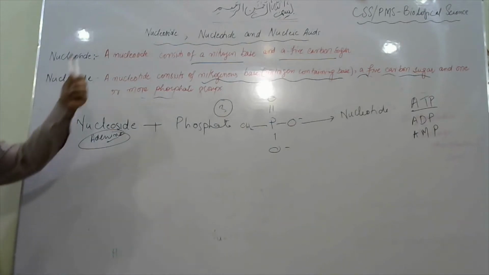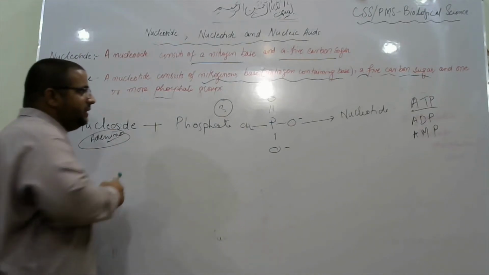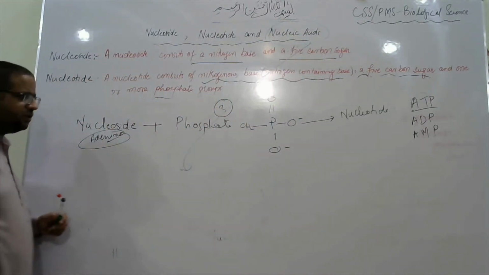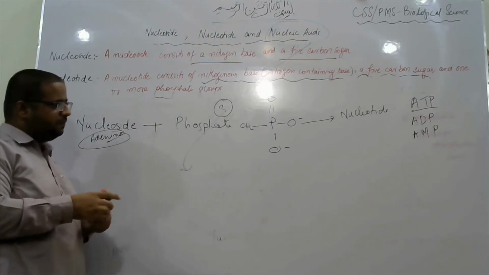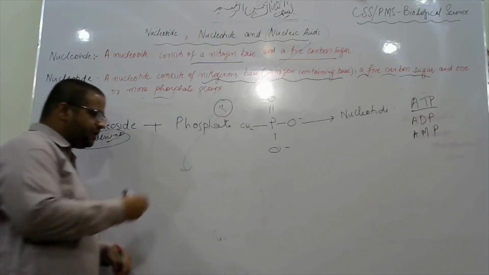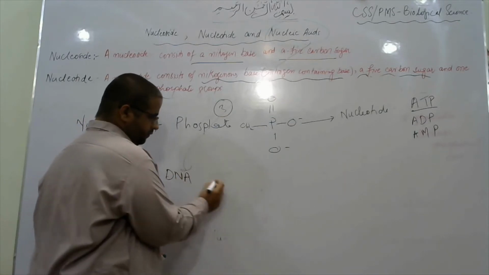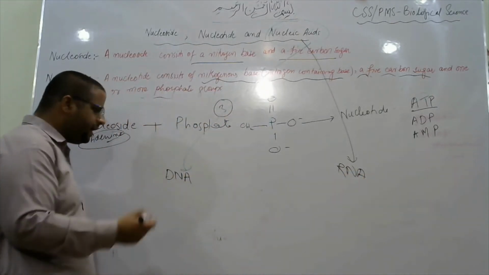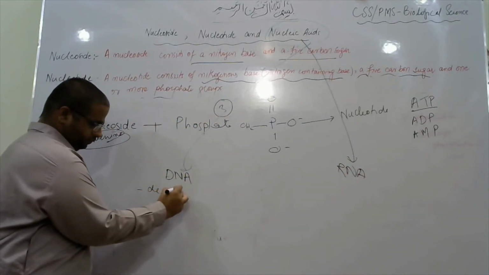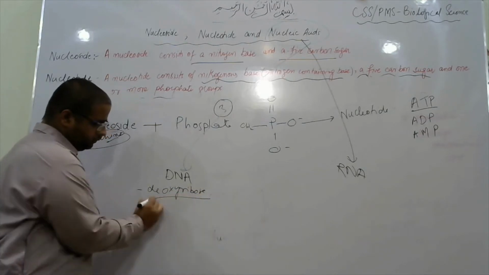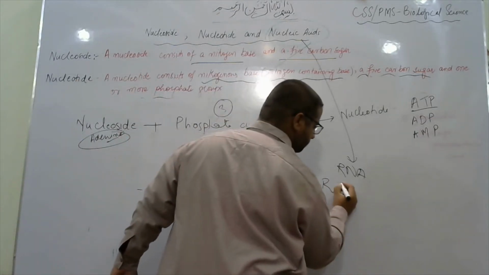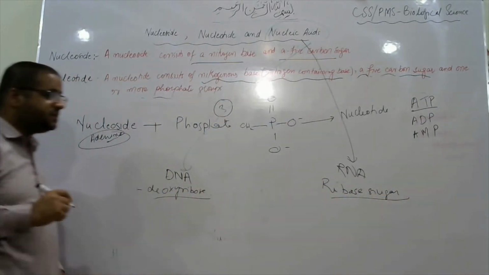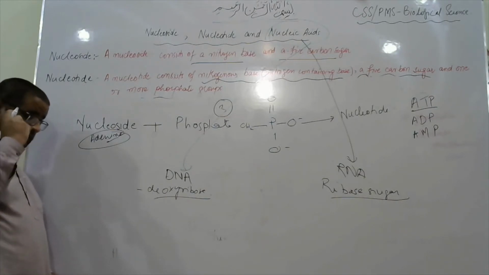Now moving on to the basic topic, nucleic acids, which are present in the nucleus of the cell. We are going to discuss in detail: number one, DNA; the second one, RNA. DNA has deoxyribose sugar, while RNA has ribose sugar. There is one other difference in nitrogenous bases.